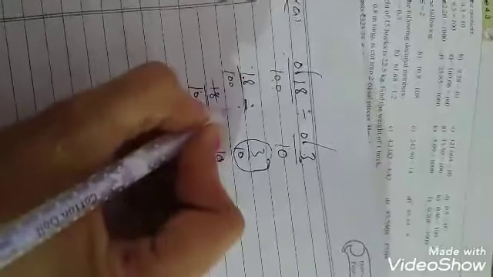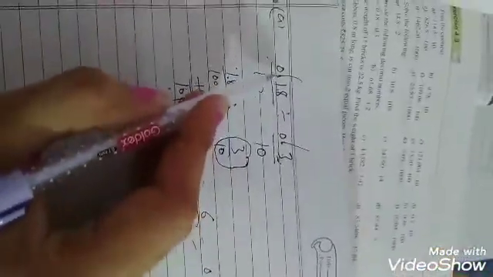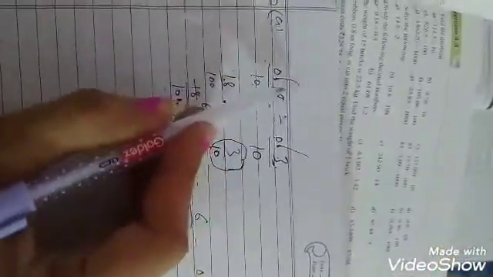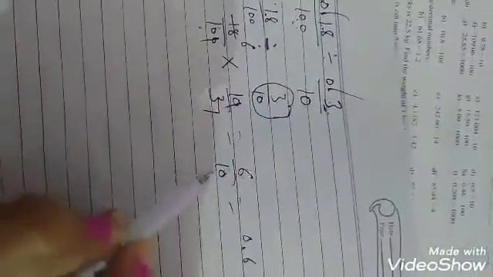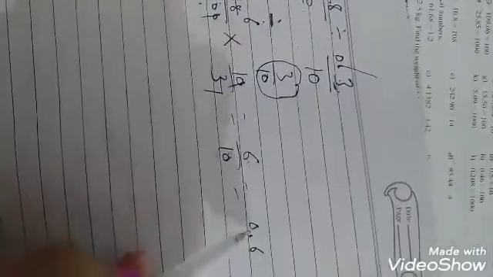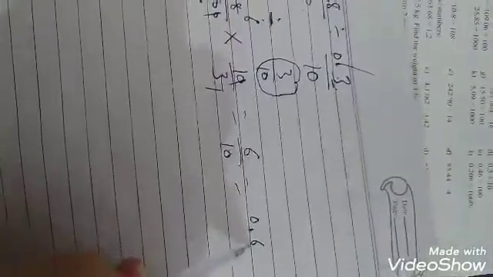Now 0 cut with 0. 3 ones are 3. 3 sixes are 18. 6 by 10. 0.6. Like this we remove the decimal and write 100 or 10. At the last you can see 10 is the denominator. 10 is given, so we put the decimal after 1 digit. 6 by 10 became 0.6.